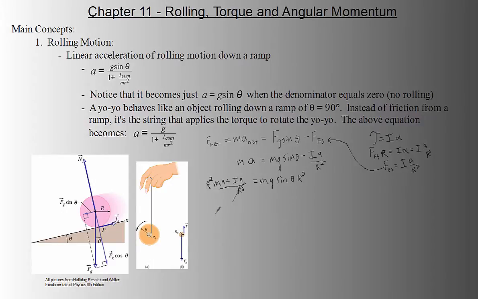And then we'll take out a common a. So a times m R squared plus I equals mg sine theta R squared.